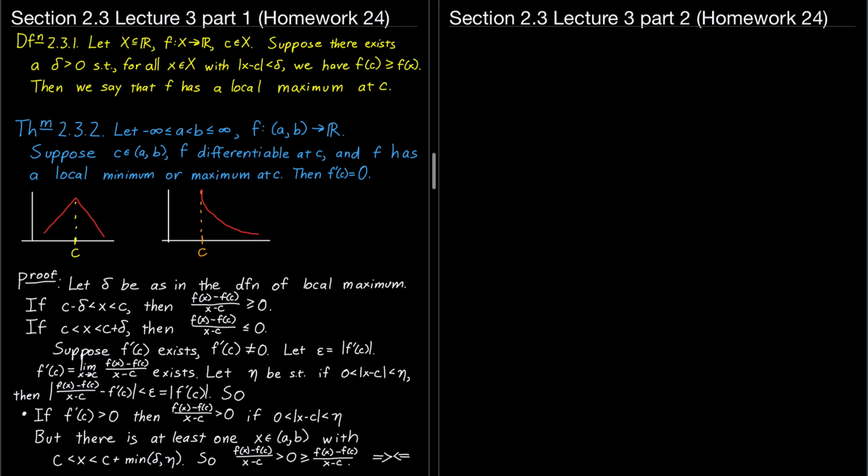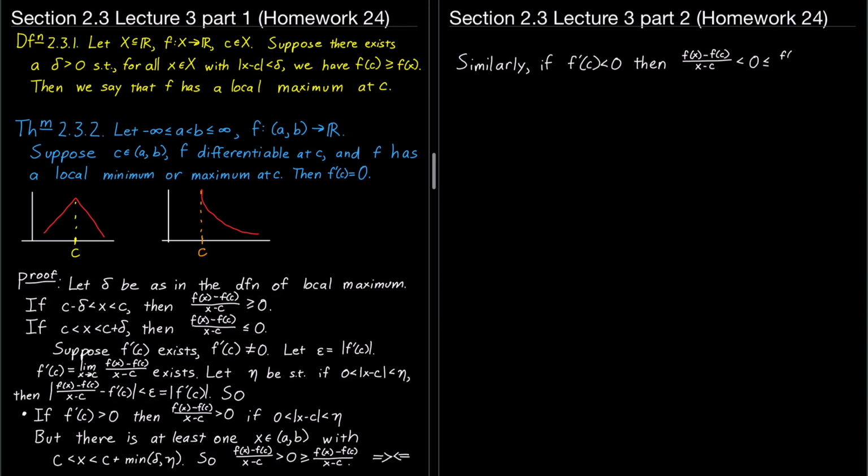Then similar argument. If f prime of c is negative, then we've got f of x minus f of c over x minus c, that also has to be negative.